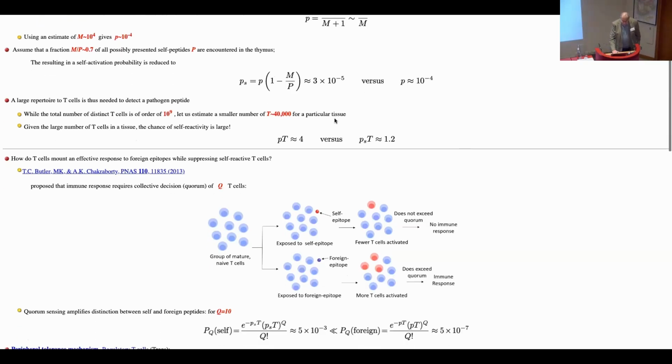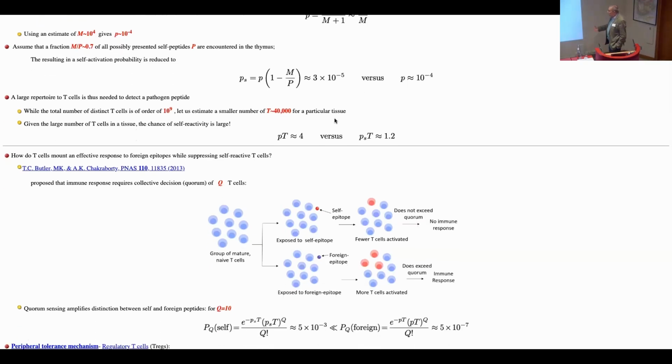Now, if we look at some typical tissue, like your hand gets infected, and ask how many T cells are running around, they're of the order of 40,000 distinct T cells.